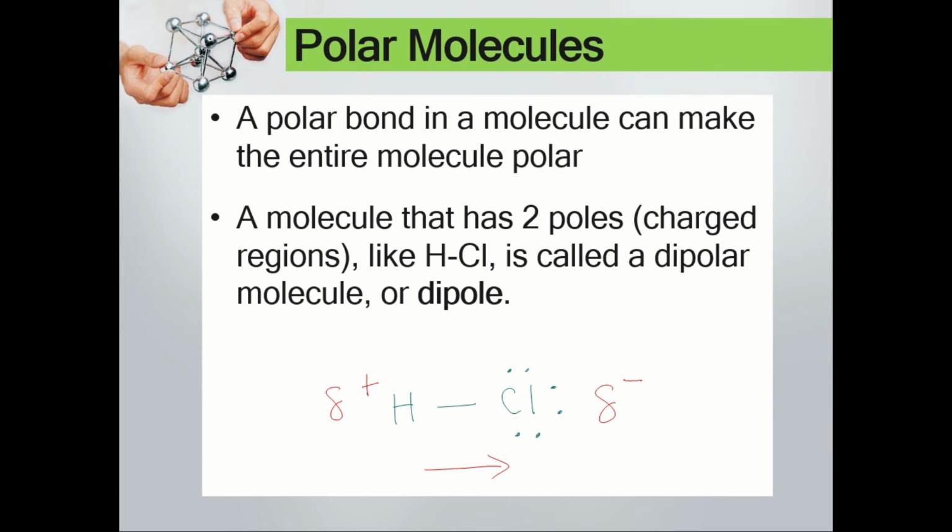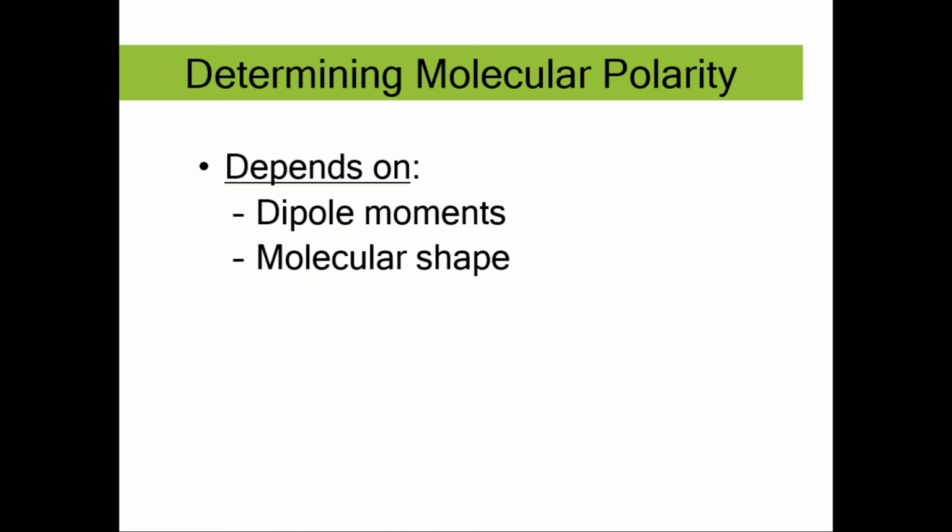Again, dipole moment is present if there is a separation of charge, and this arrow represents the dipole moment. As I said a while ago, the molecule can be polar or non-polar depending on the factors that we have to take note of. In determining molecular polarity, we depend on the dipole moments and the molecular shape.